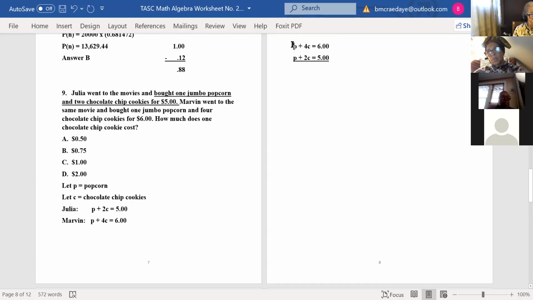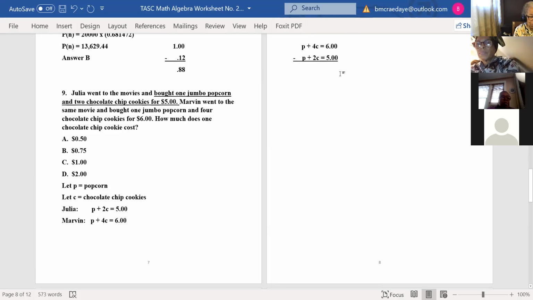Move this over and put a subtraction sign in front of it so you know we're subtracting. Now, what's P minus P? 0. So this is 0.